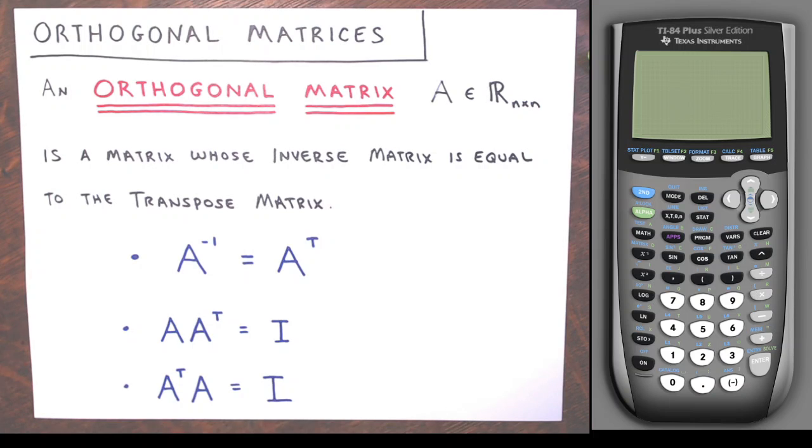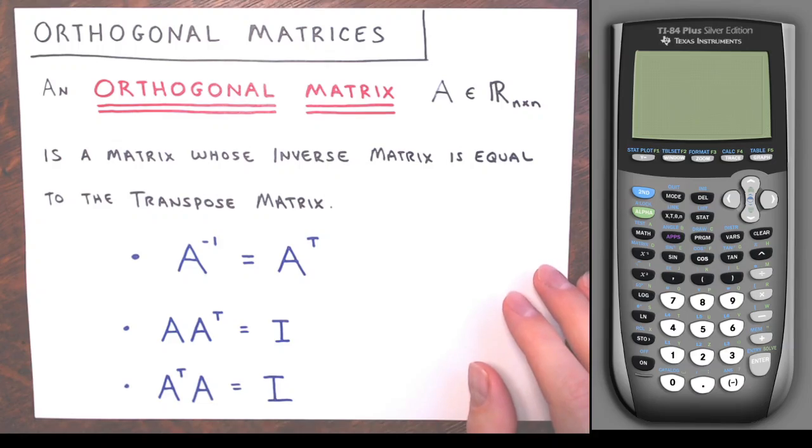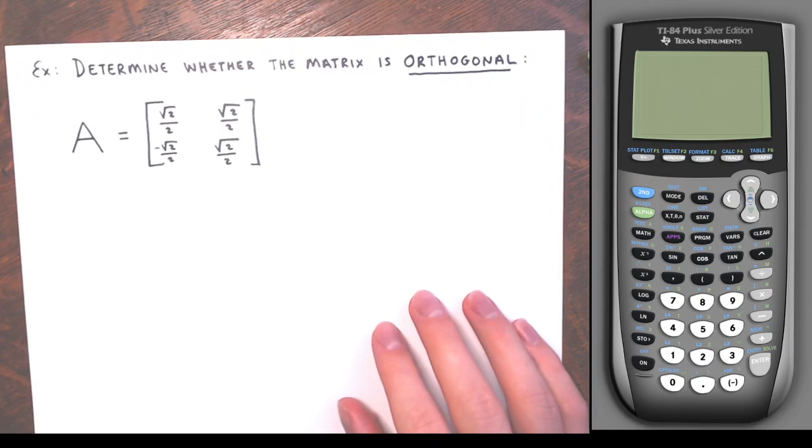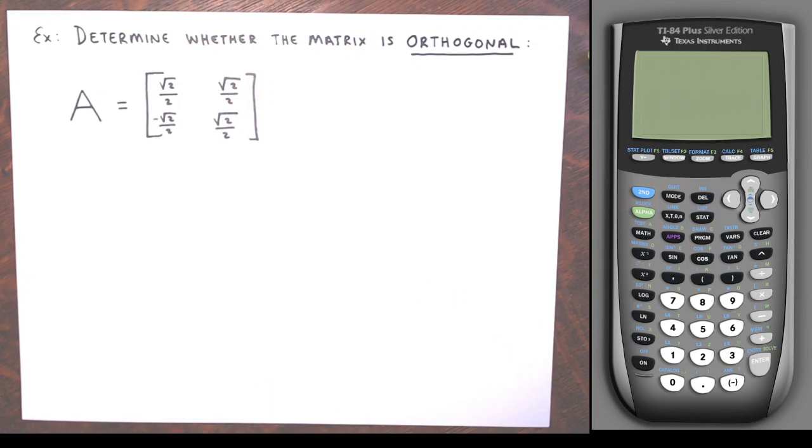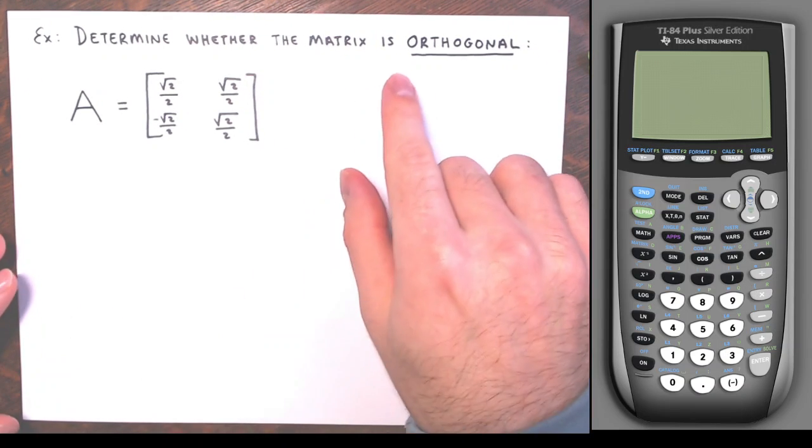Like I said, I'll also show you some properties, some things that show up often when you're looking at orthogonal matrices as we go through these examples. In each of my examples, I have the same instructions: determine whether the matrix is orthogonal.